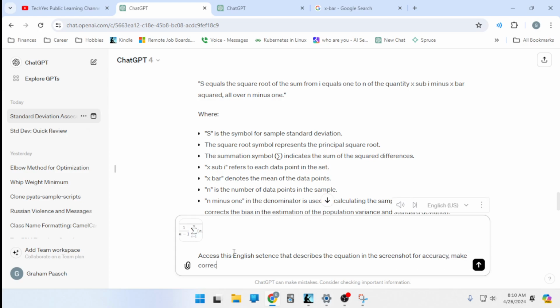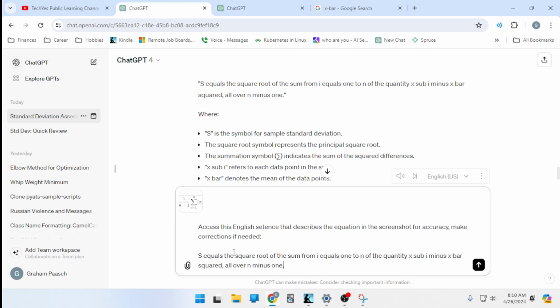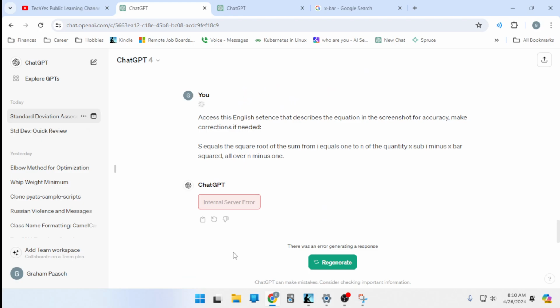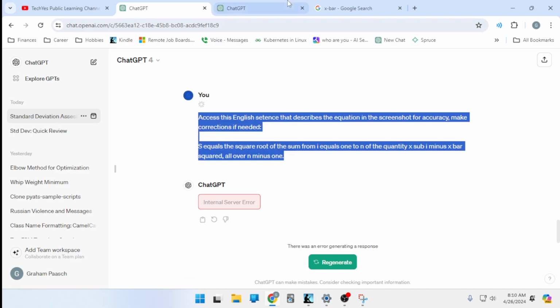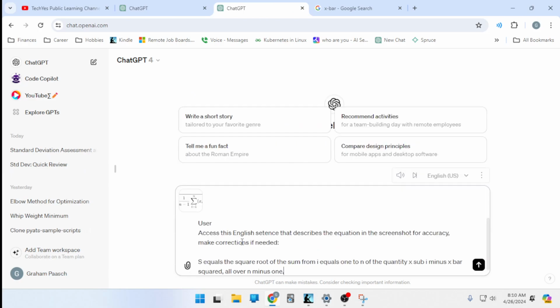Make corrections if needed. I think this is one of the places where ChatGPT just doesn't work. So we'll try it in a new one here.